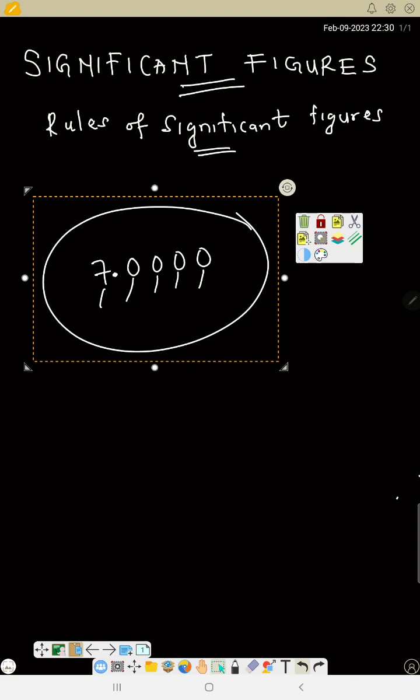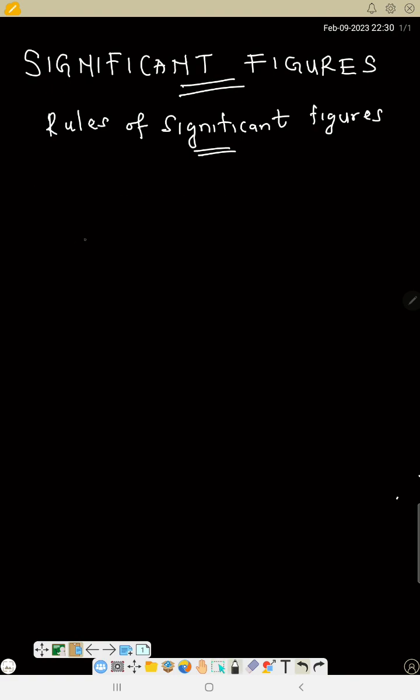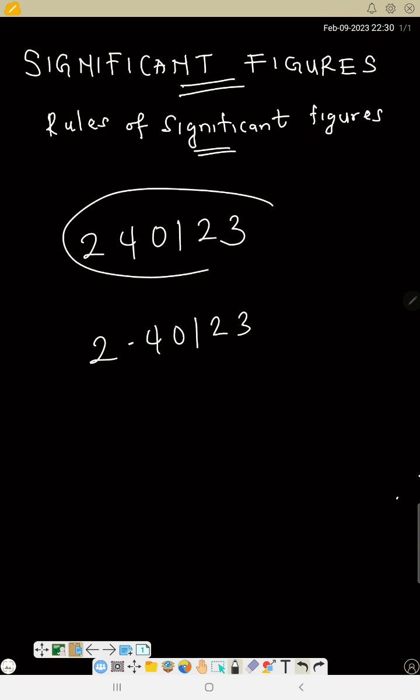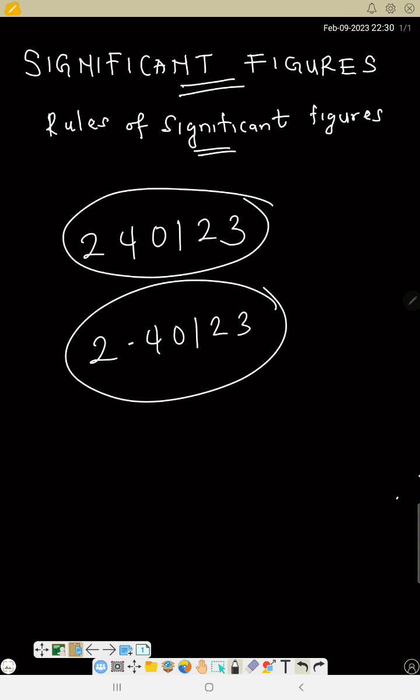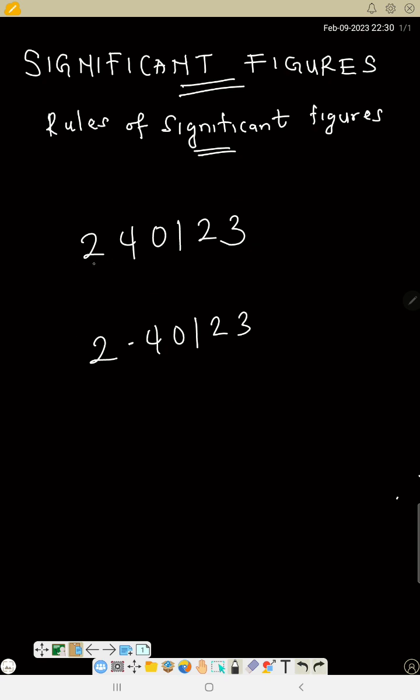So let's see more. If I have 240123 and 2.40123, how many significant figures is this? Here all numbers are important: 1 2 3 4 5 6. Here also 1 2 3 4 5 6. But let me say, what of this one to three significant figures?